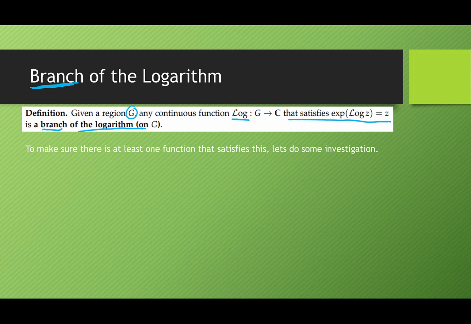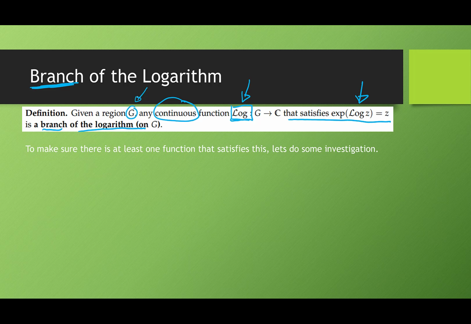Okay, so again, a continuous function log. By the way, we're not actually defining anything. We're just saying if we have a function that satisfies this cancellation property and that's continuous on its domain, then we call that a branch of the logarithm.